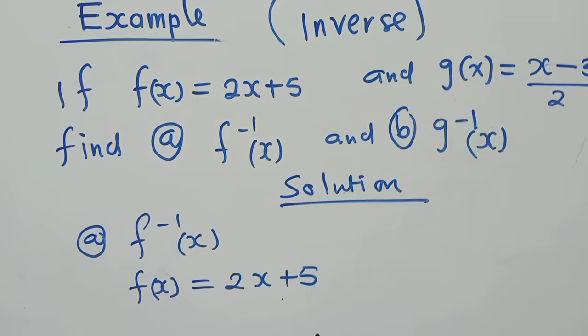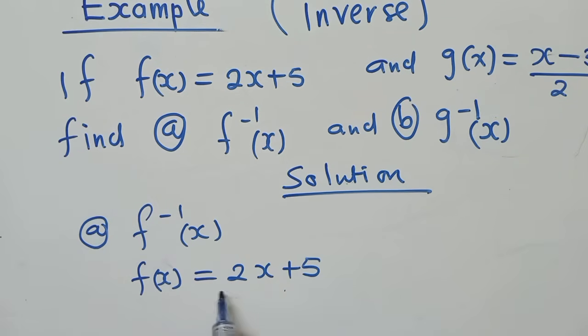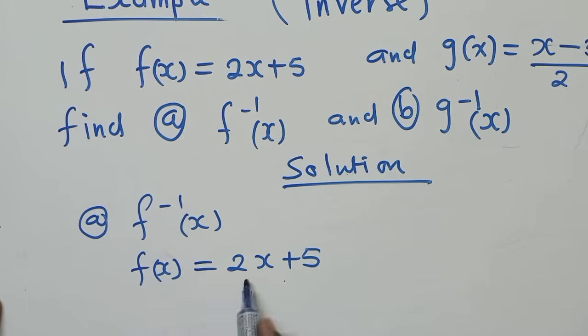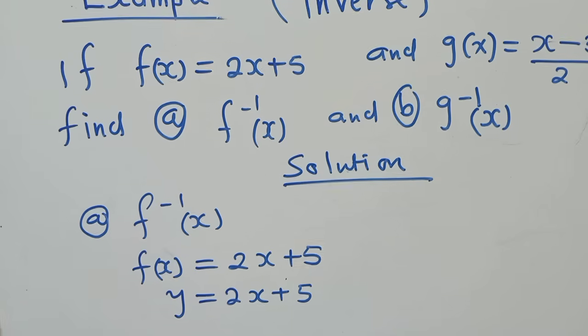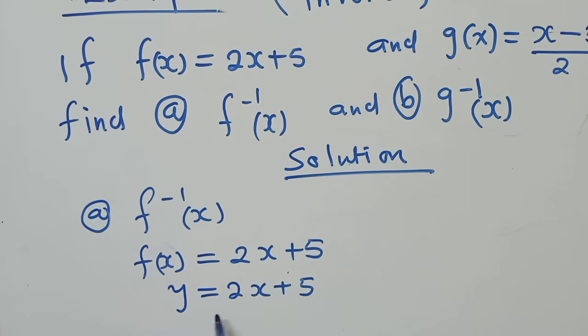So once we get this function, we make y, we change what is here, we put y. Whatever is the symbol of a function, we put a y. So now after that, we group the like terms, or we make x the subject of the formula.